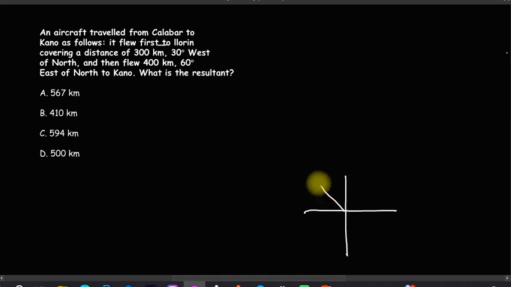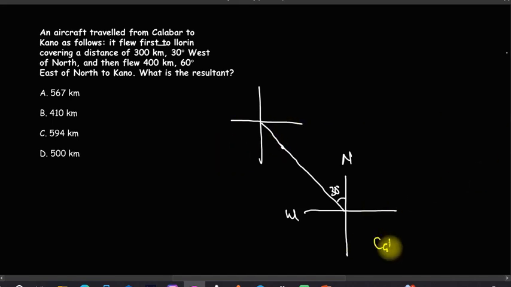Okay, so 30 degrees west of north. So from Ilorin, what do we have next? So this is Calabar and this is Ilorin. The distance is 300 kilometers.